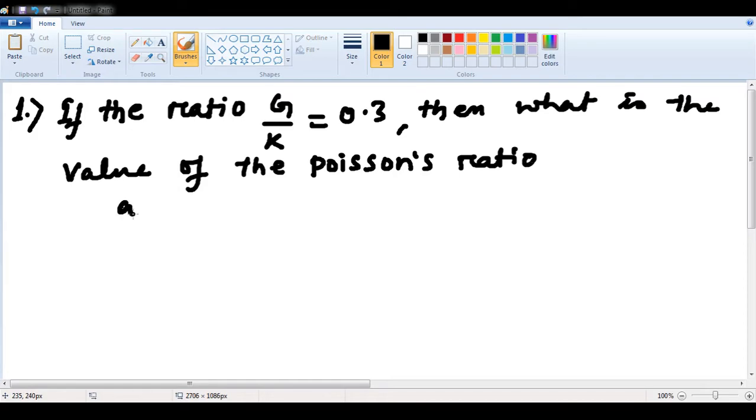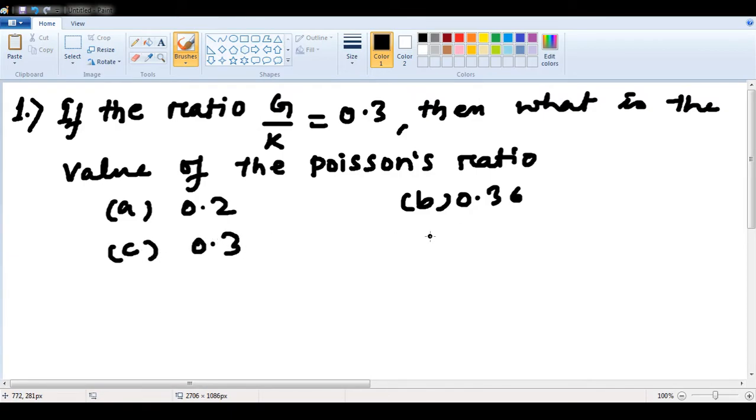And the options are 0.2, 0.36, then we have 0.3, 0.33. I hope now there will be no chance of blurring.